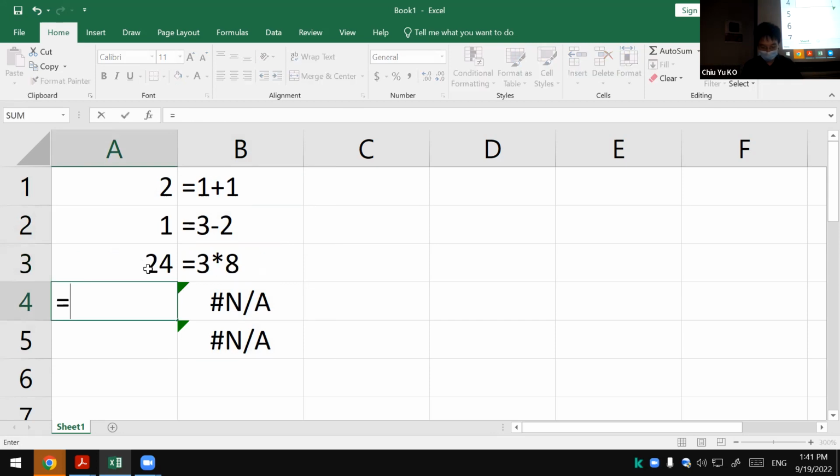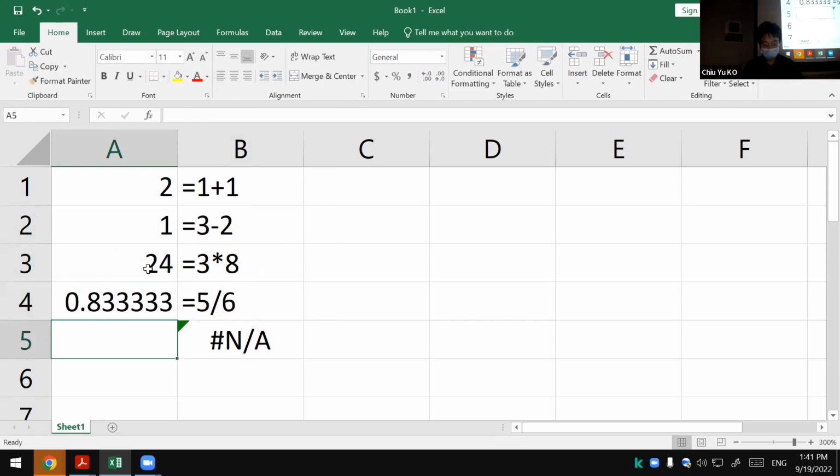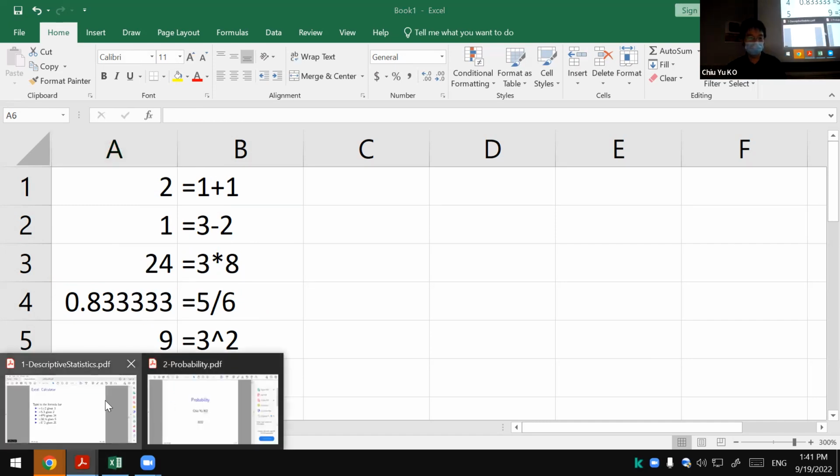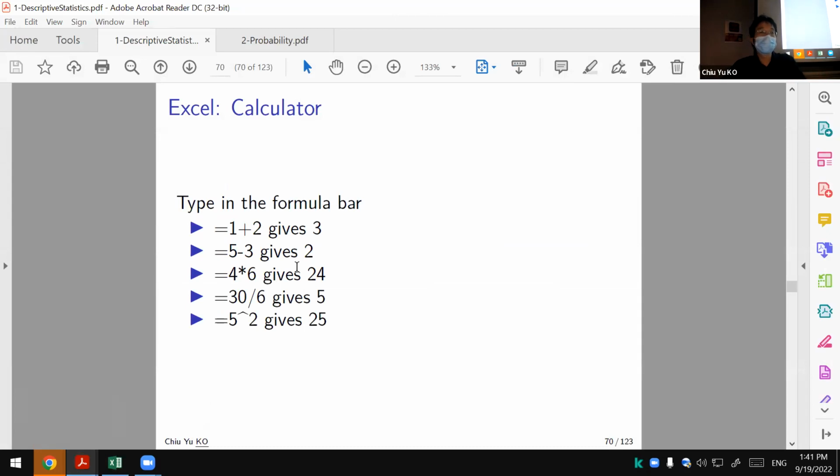You can also do division, and you can also raise to the power. These are the basic calculations: addition, subtraction, multiplication, division, and raise to the power. These are what the first set of slides told you how to do. If you know anything, it shouldn't be a big surprise to you.